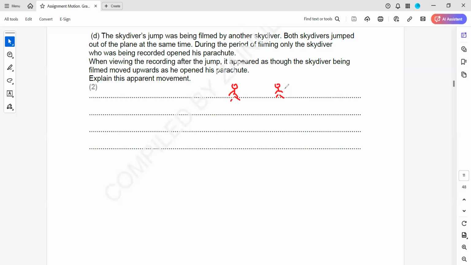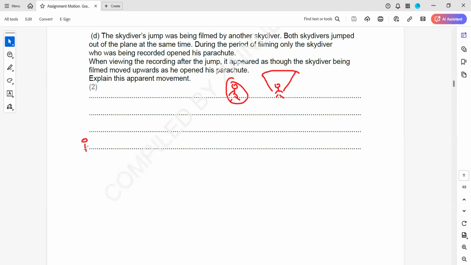The one who's being recorded opens the parachute. When viewing the recording after the jump, it appeared that the skydiver being filmed moved up as he opened the parachute. So what will happen?